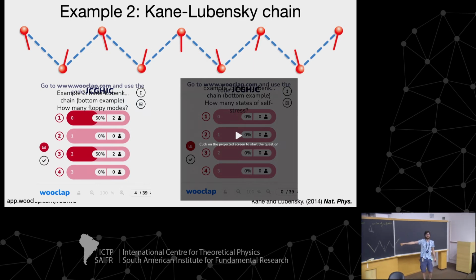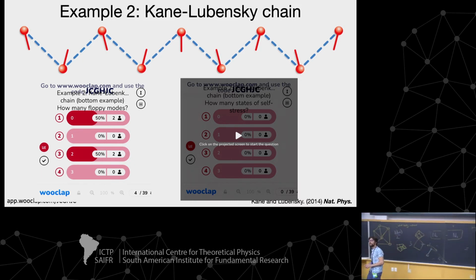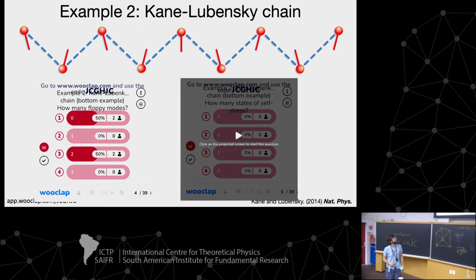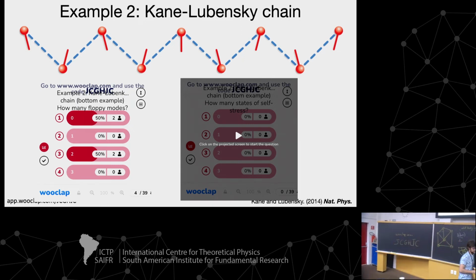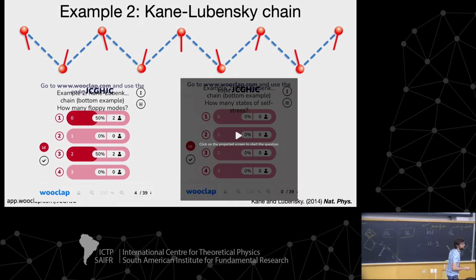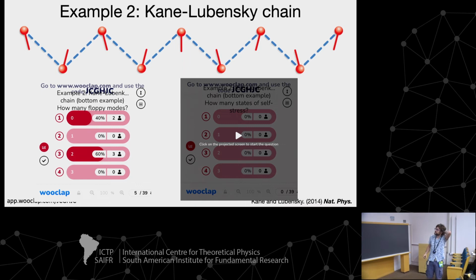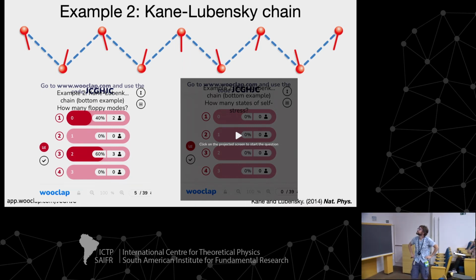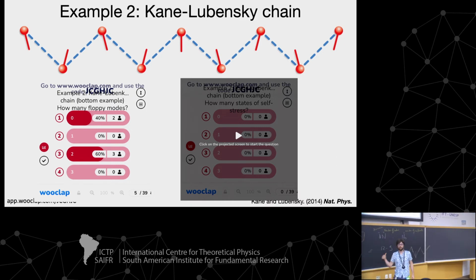So here I draw the same version, but in the case where these bonds are collinear, so that you can see. Do you see the difference with the previous chain?